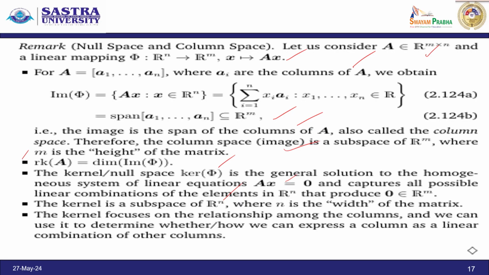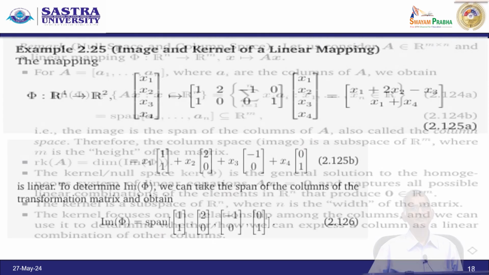The kernel focuses on the relationship among the columns, and we can use it to determine whether and how we can express a column as a linear combination of other columns. So, that is the note we have to make about the null space and column space.